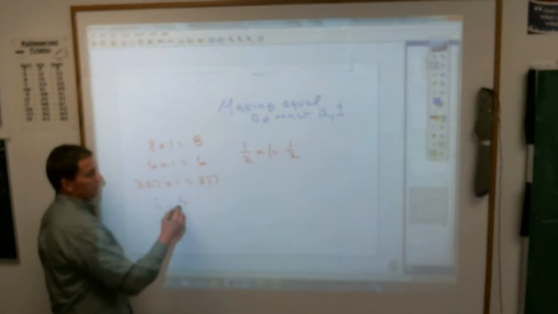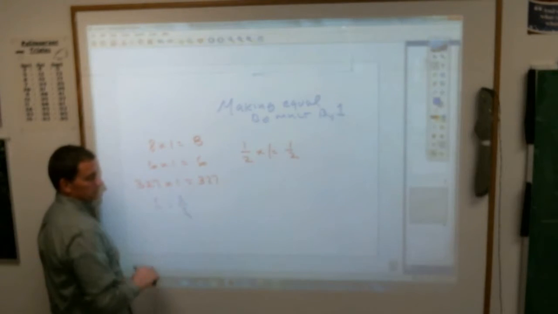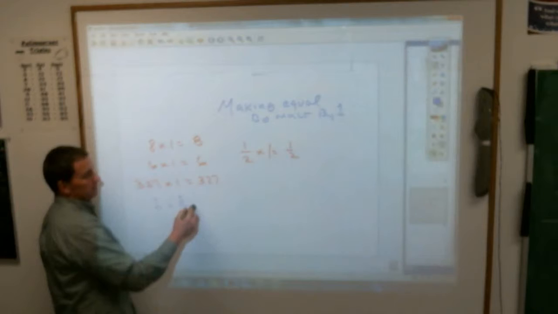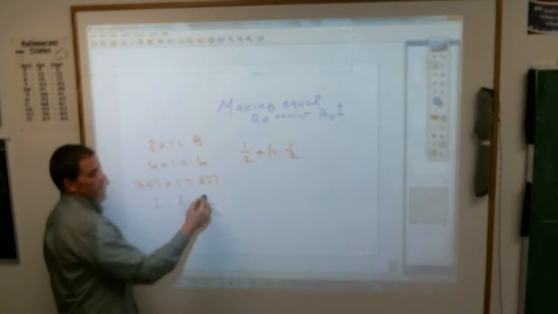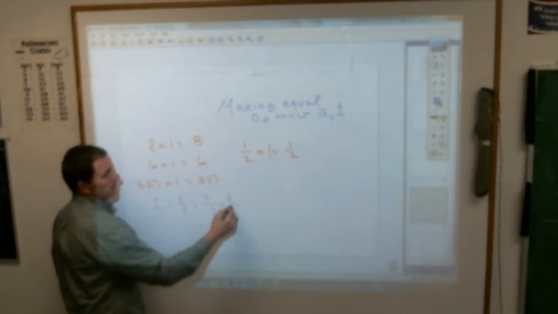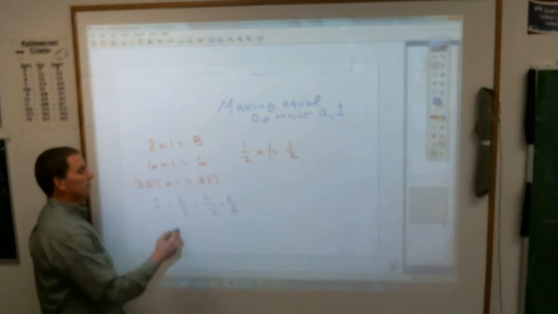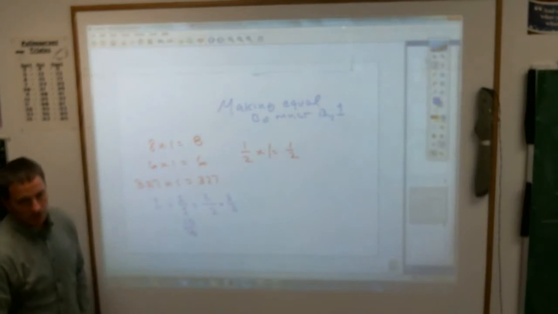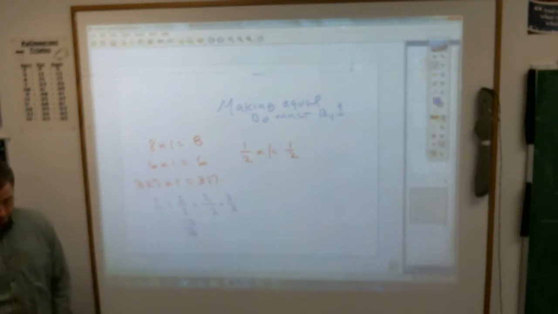Like if you have 1/1, you have 1 pizza, that gives you 1 piece, or if you have 2/2 of a pizza, you have the whole thing, or if you have 3/3 of a pizza, you have the whole thing, or if you have 10/10, those are all fractions equal to 1, correct?